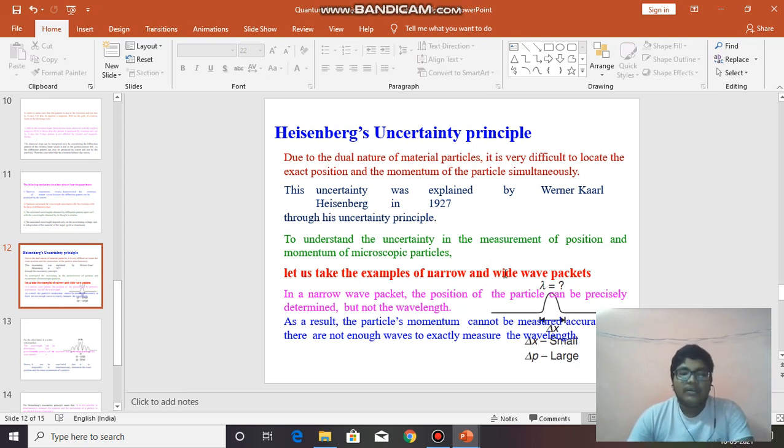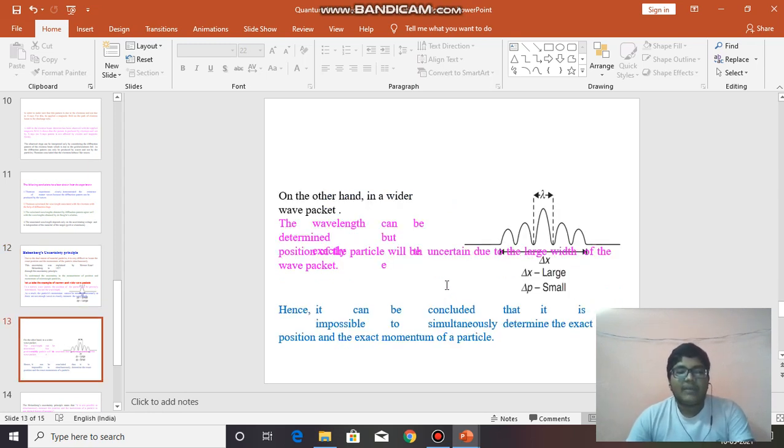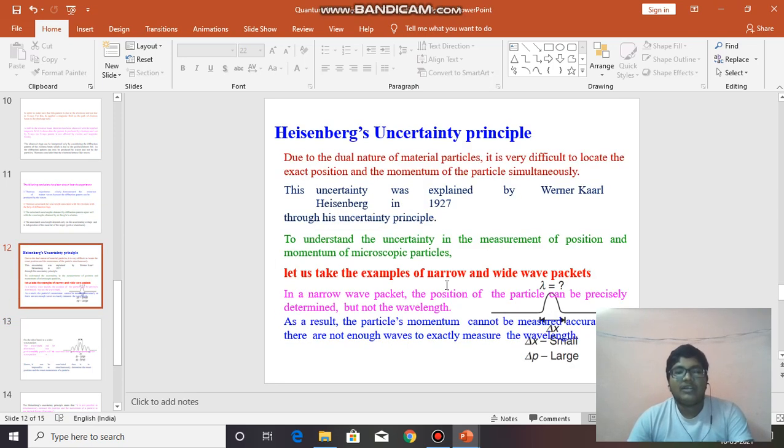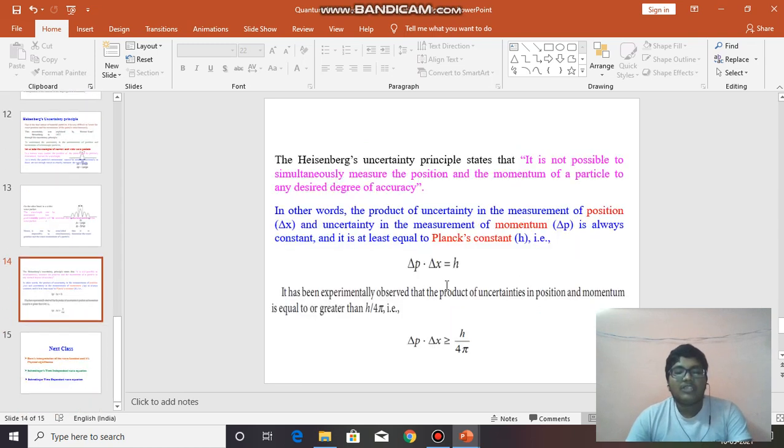In a narrow wave packet, the position of the particle can be precisely determined but not the wavelength. As a result, the particle's momentum cannot be measured accurately. This is the statement of the Heisenberg uncertainty principle, that we can't determine the exact momentum and position of a fast moving particle like an electron.